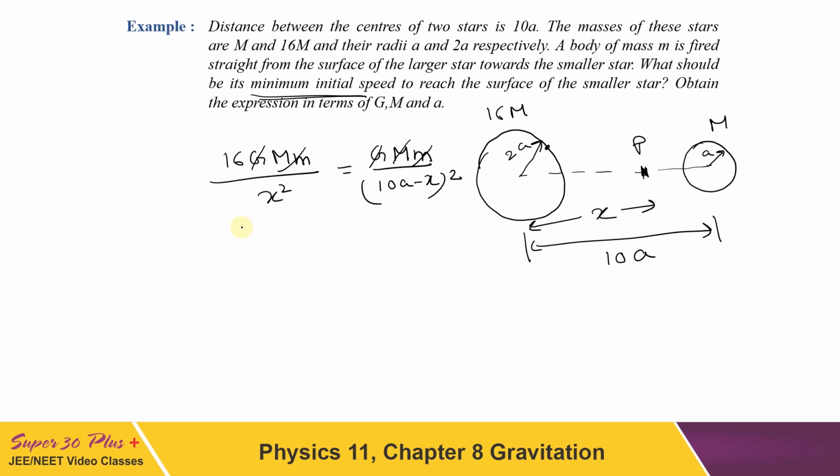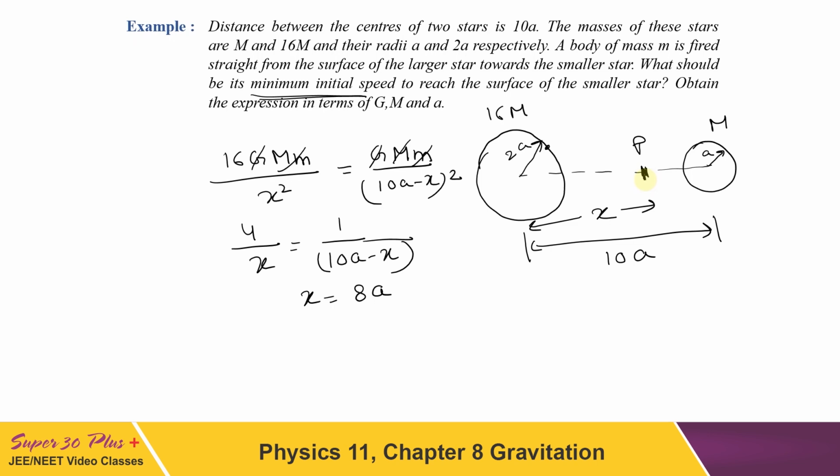We can take square root and then 4 by x can be written as 1 by (10a minus x). On solving, we will get x to be equal to 8a. So if the particle reaches a distance 8a from the center of the larger sphere, it will be able to reach the surface of the smaller sphere.